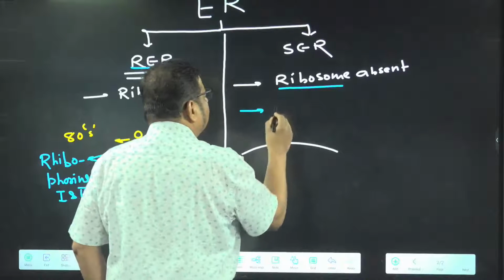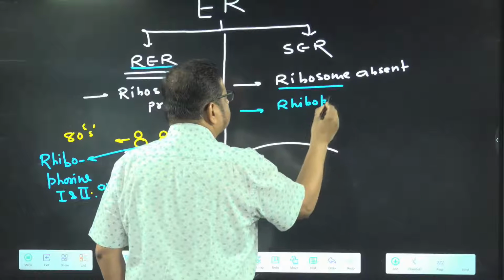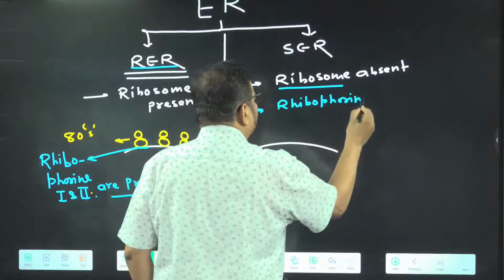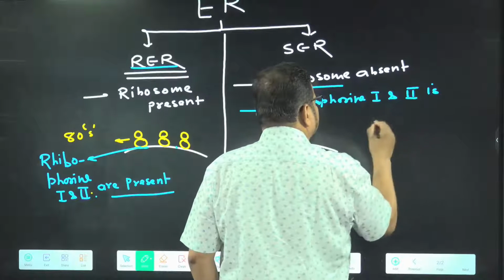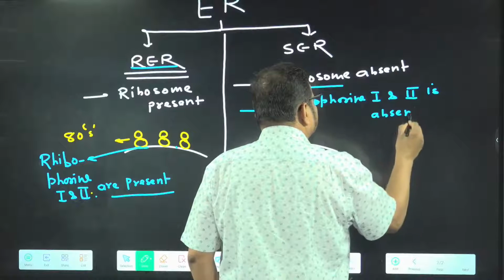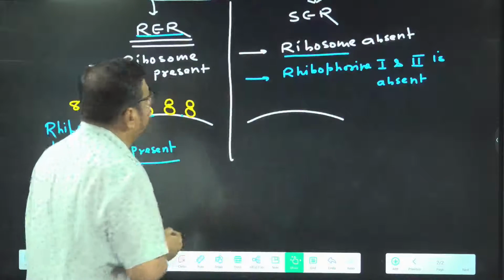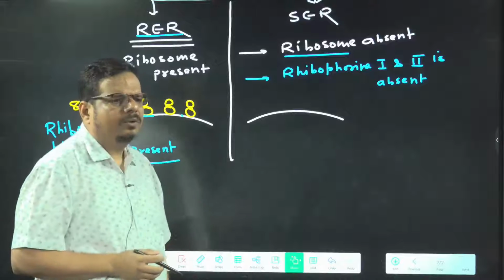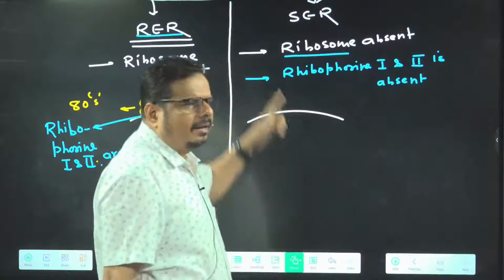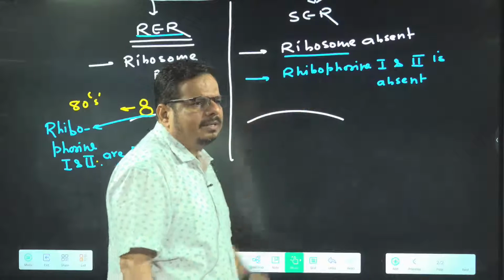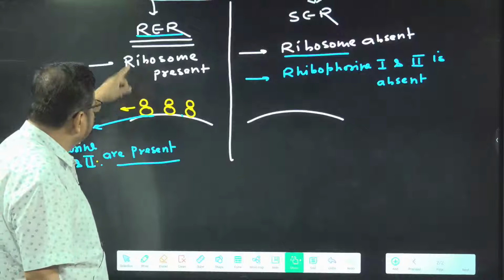And here ribophorin 1 and 2 are also absent. Getting the idea? So you got these two differences between RER and SER or not? Yes, it is clear. Ribosome and ribophorin are absent in SER, and ribophorin and ribosome are present in RER.